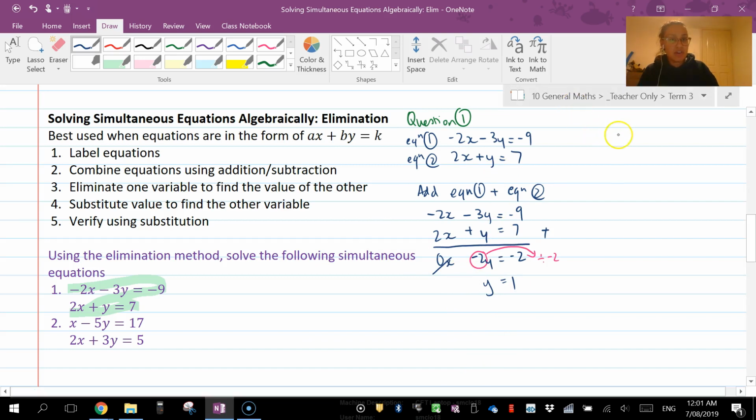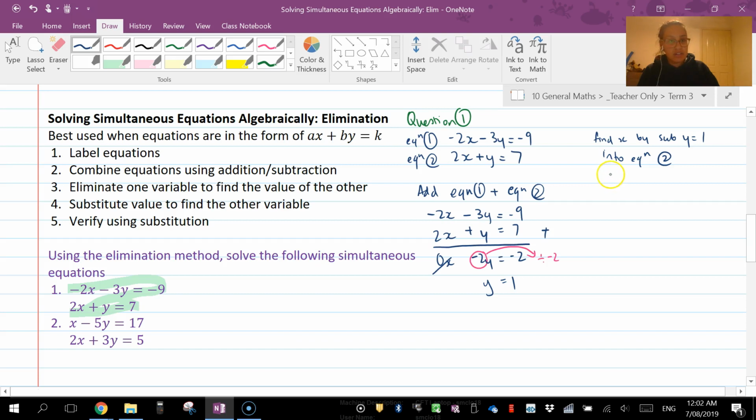Now I'm going to check by substitution. Find x by substituting y equals 1. And I'm going to pick equation 2, only because it's got fewer coefficients in the front.